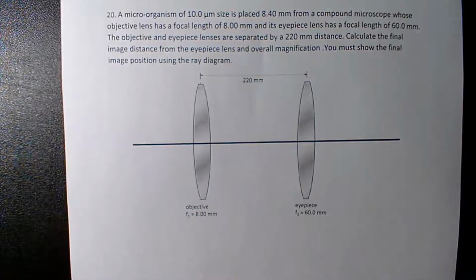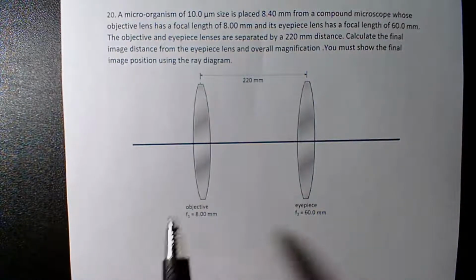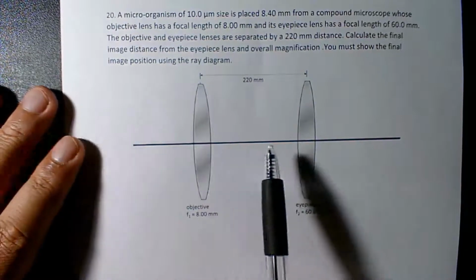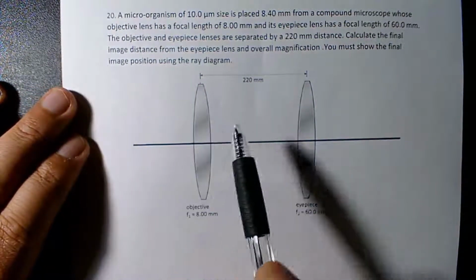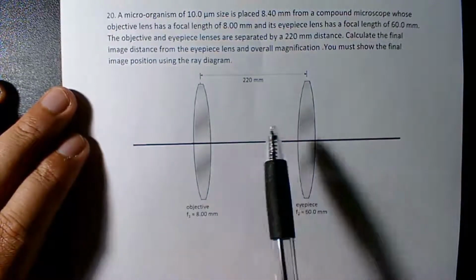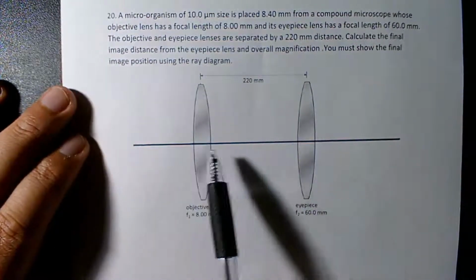These are some problems on lens combination. We'd like to find the final image position due to the combination of lenses. Here's the first example, where this principle is utilized in a microscope. You have two converging lenses.